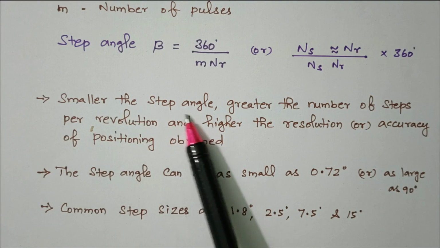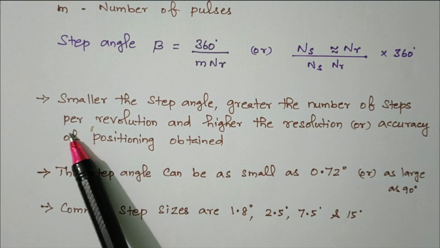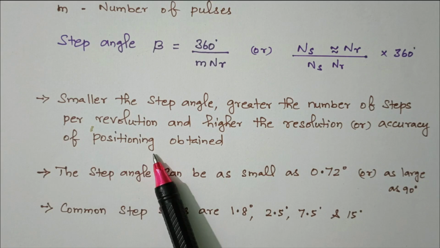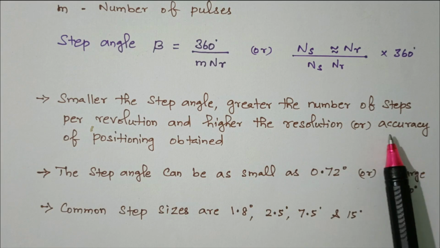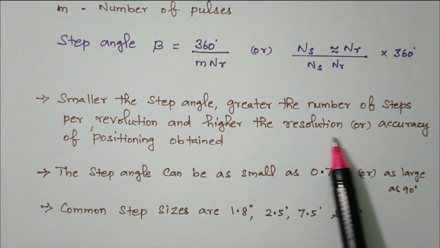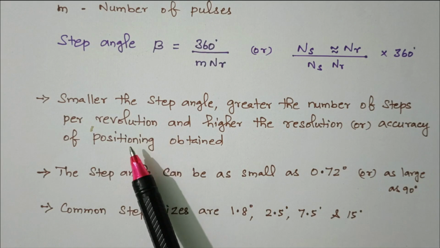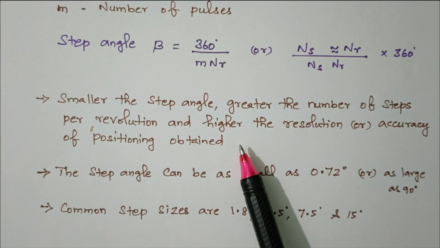The smaller the step angle, the greater the number of steps per revolution and the higher the resolution or accuracy of position obtained. So in order to get the accuracy, we need a smaller step angle. While moving in a smaller step angle, we can get more resolution.